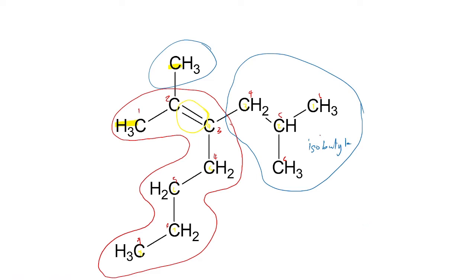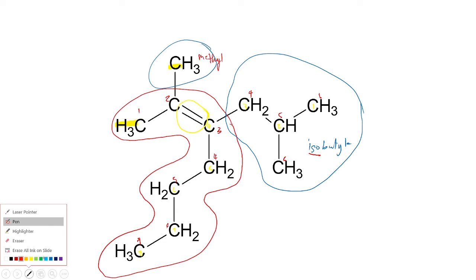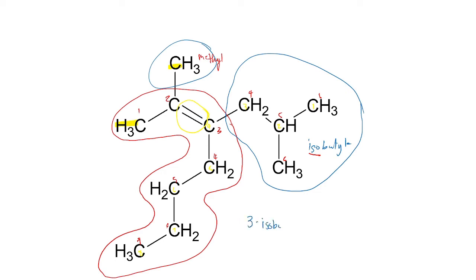And for the methyl and the isobutyl, since iso should take precedence in alphabetical order, we have here I in comparison to M. So meaning to say, we will have here one, two, three. So we have here 3-isobutyl. Then we have here one, two, methyl.